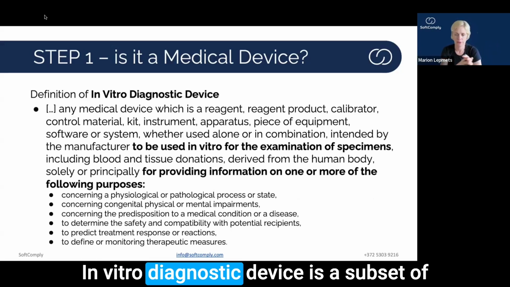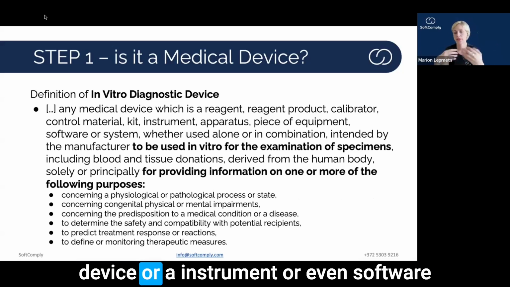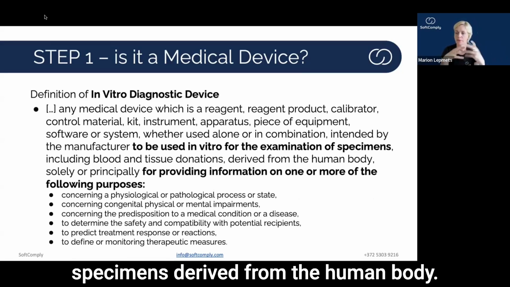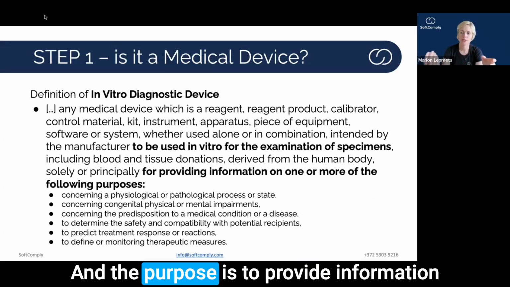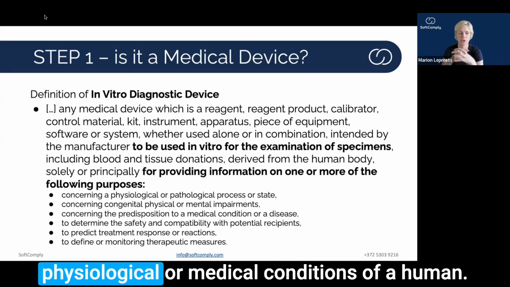An in vitro diagnostic device is a subset of a medical device, and it is very often a device or an instrument or even software that is used in vitro for the examination of specimens derived from the human body, and the purpose is to provide information on one or more of the following, the physiological or medical conditions of a human.